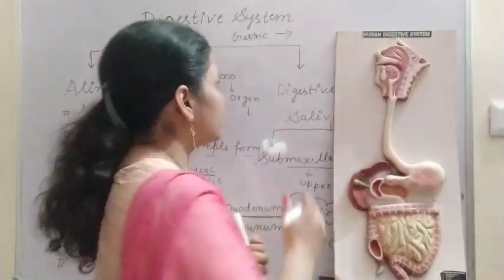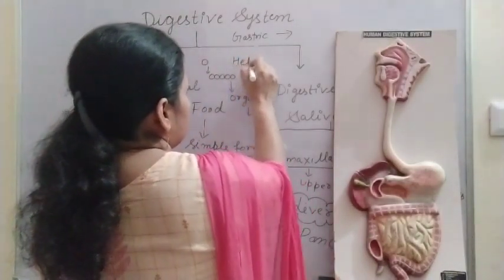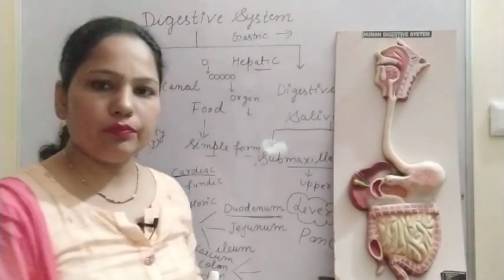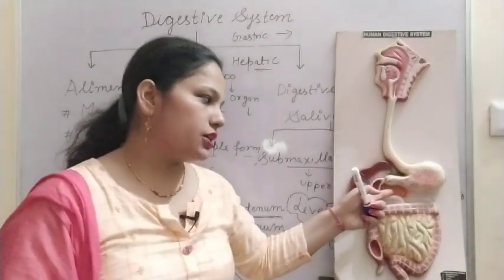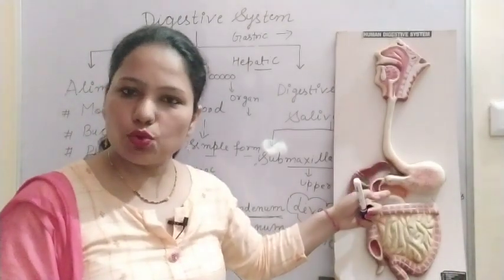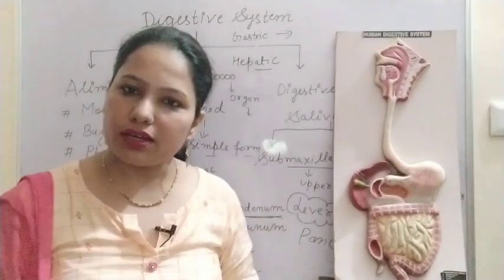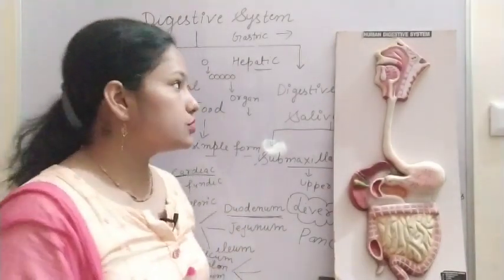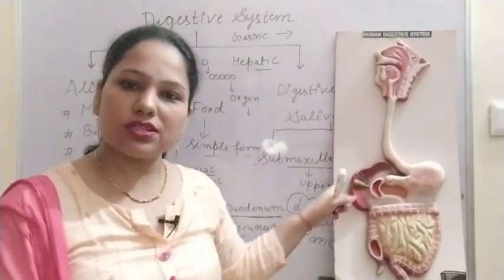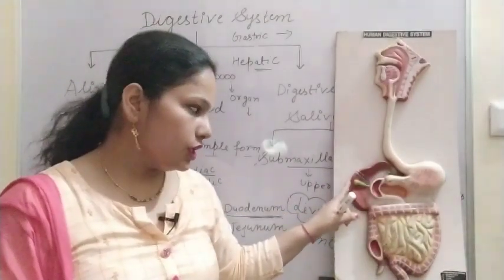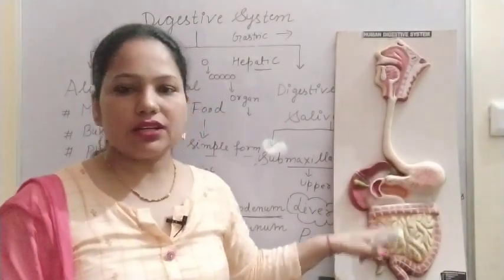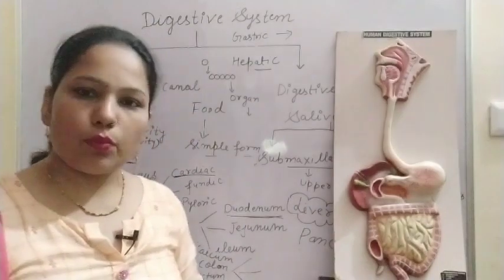And the word hepatic, जो हम relate करेंगे, that is related to our liver. Then the pancreatic glands are there. Pancreas is a gland, so pancreatic juice is secreted by the pancreas, gastric juice is secreted by the stomach, hepatic juice is secreted by the liver. So except these, the intestinal glands are also present.